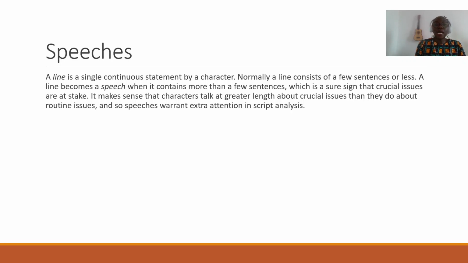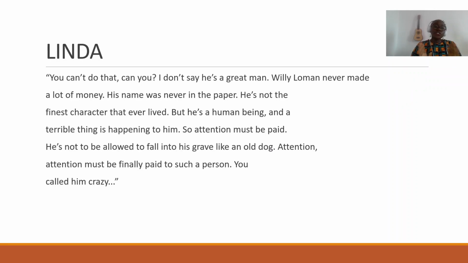And so it becomes a speech, because if the characters pay more attention and dedicate more time to saying what they are saying, it means that we as readers should also attach more attention and more importance to the speeches. Now, let's look at an example of a speech by Linda. This was when Biff calls Willie Loman crazy and he compares him to his friend Charlie.